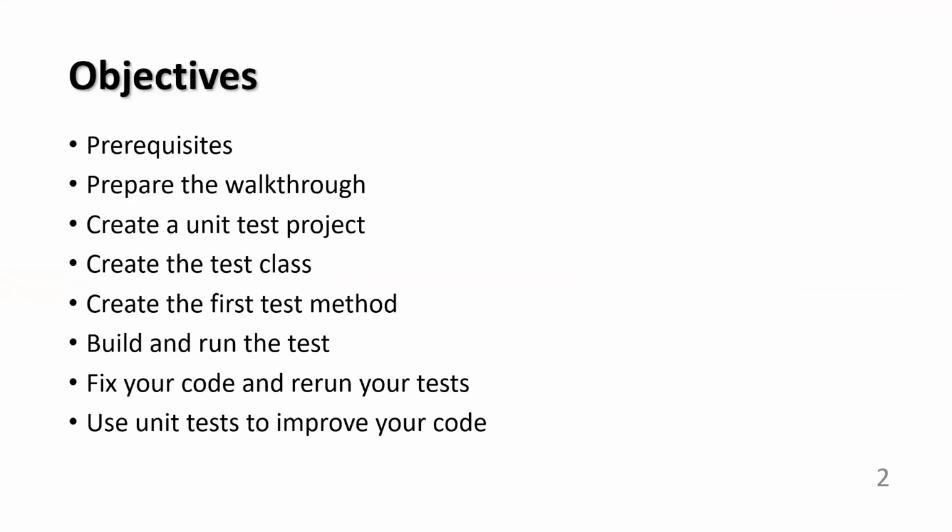So unit testing contains these steps. Let's define them. One of them is prerequisites. Before we start the journey, prepare the walkthrough and create a unit test project. We don't have just one way of doing unit testing. We have several libraries that you can import.